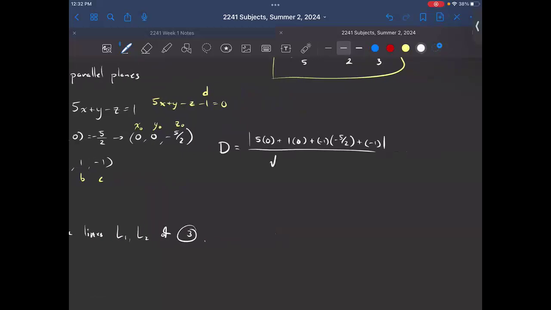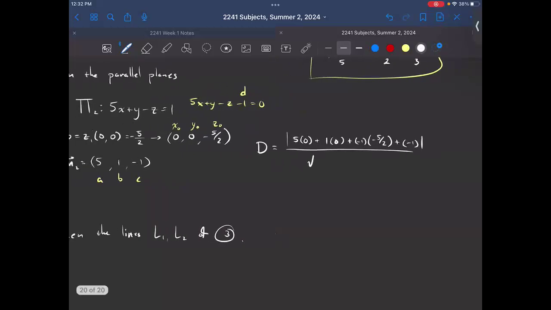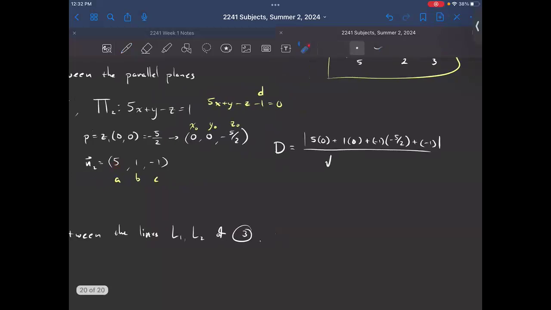All right, last is take the square root of the squares of these coordinates. That's just the norm of n. And so we have 25 plus 1 plus 1 is 27. Square root of 27 is 3 root 3.